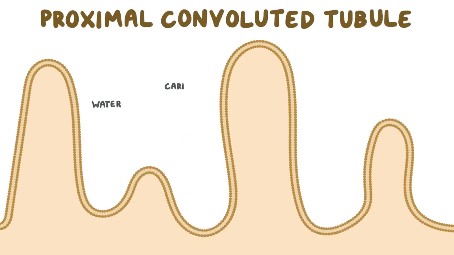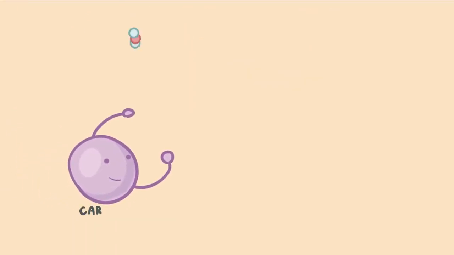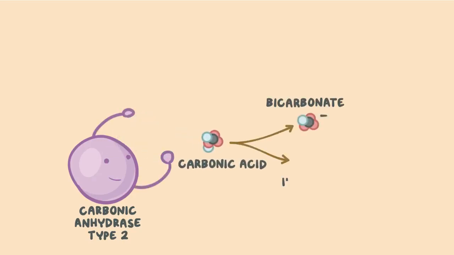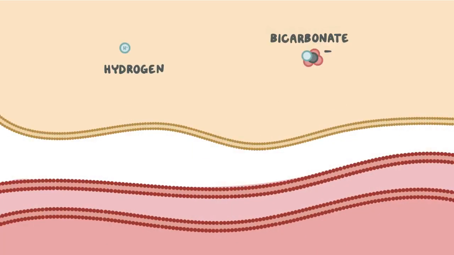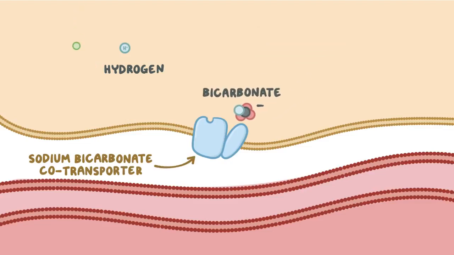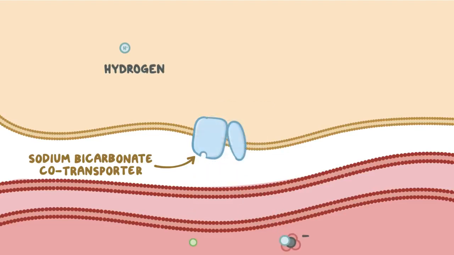The water and carbon dioxide happily diffuse across the membrane into the cells where carbonic anhydrase type 2 facilitates the reverse reaction, combining them to form carbonic acid, which dissociates into bicarbonate and hydrogen. A sodium bicarbonate cotransporter on the basolateral surface snatches up the bicarbonate and a nearby sodium and shuttles both into the blood.